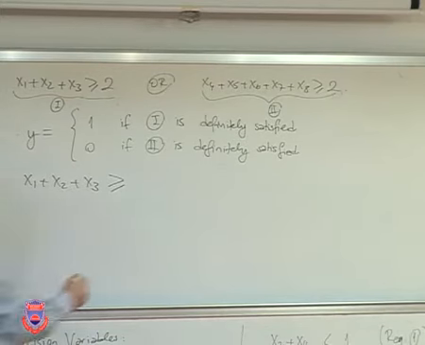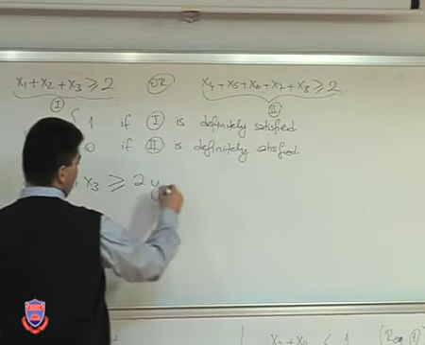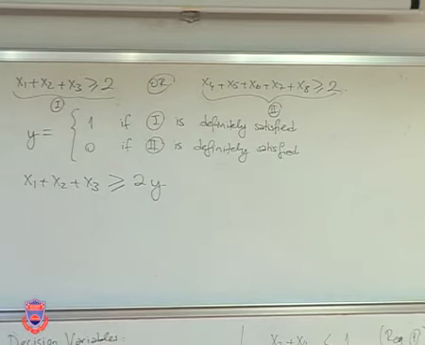Okay, so let's see if that works. What if I actually have this constraint? Let's think about this a little bit. If y is equal to 1, then the right-hand side becomes 2, which means that I'm actually forcing the first constraint to be satisfied. Now what happens if y is equal to 0?